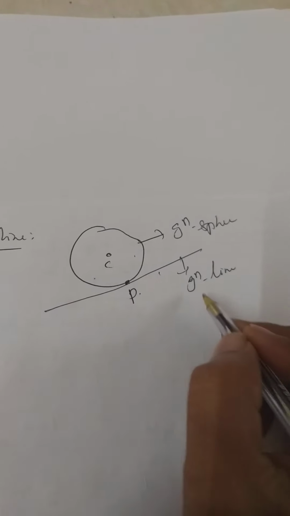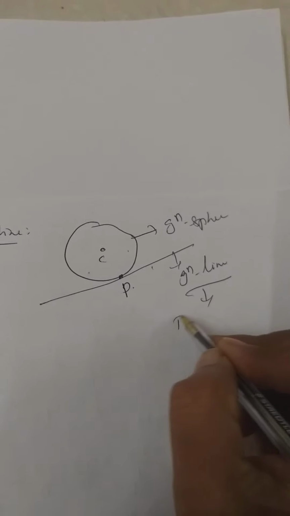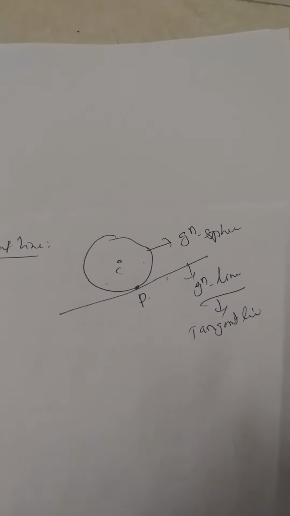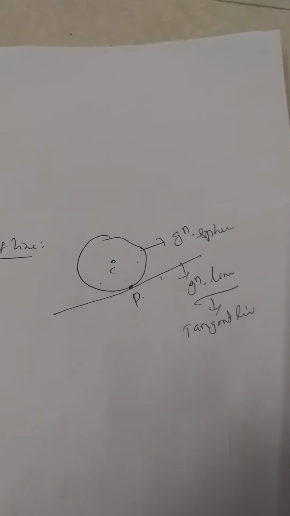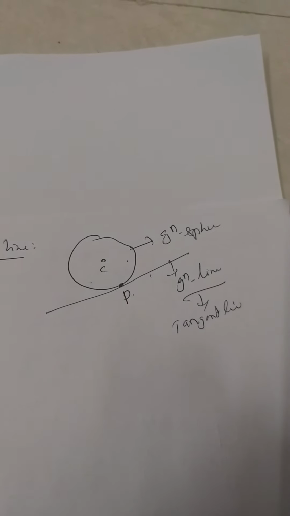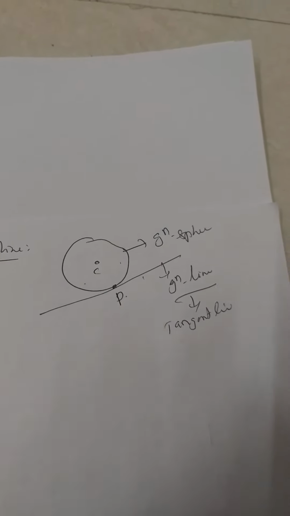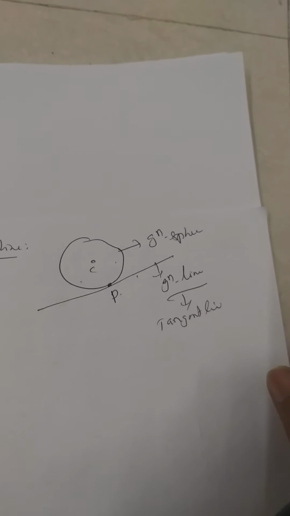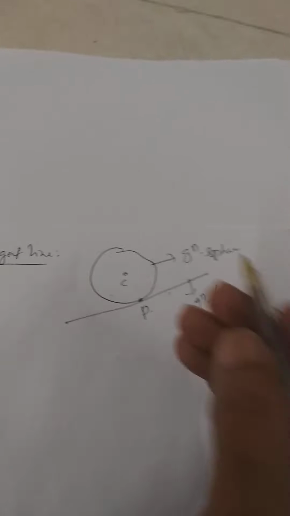Then this line is called a tangent line. If the number of common points of a line and the sphere is equal to 1, then that line is called a tangent line. Or in other words, see here.